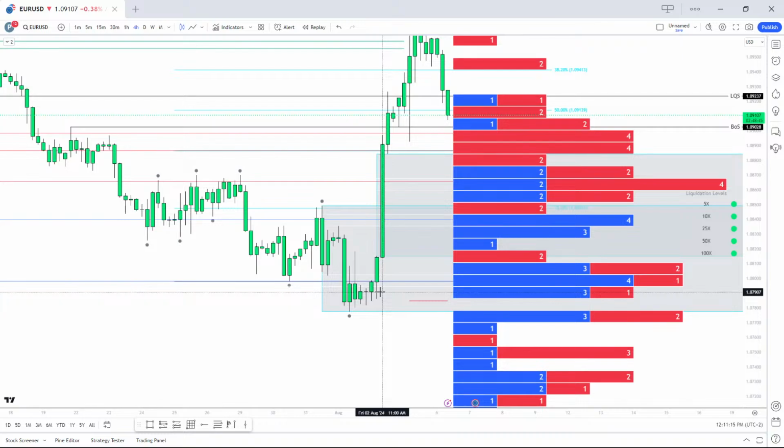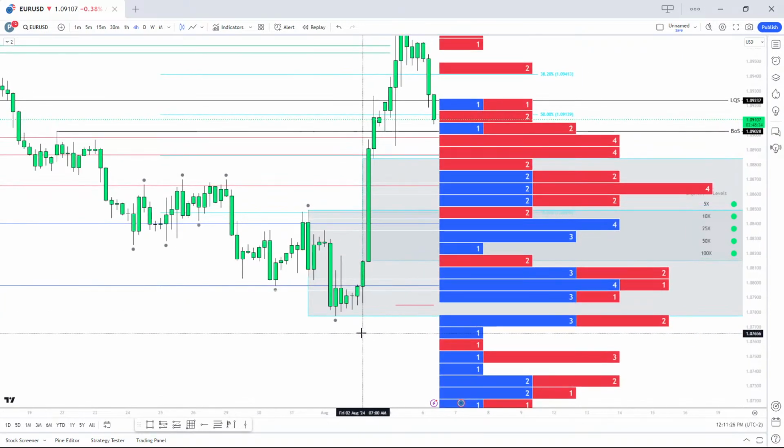But again, this cannot be just a support and a resistance, because we need to wait for the liquidity to get swept right here. And I think this will take some time, because we're on the 4 hour time frame waiting for this price to hit the bottom, basically.